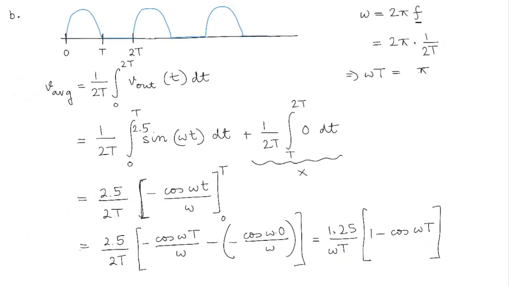So what you get is 2.5 divided by pi, and that is the average voltage of the signal that you have at the output.